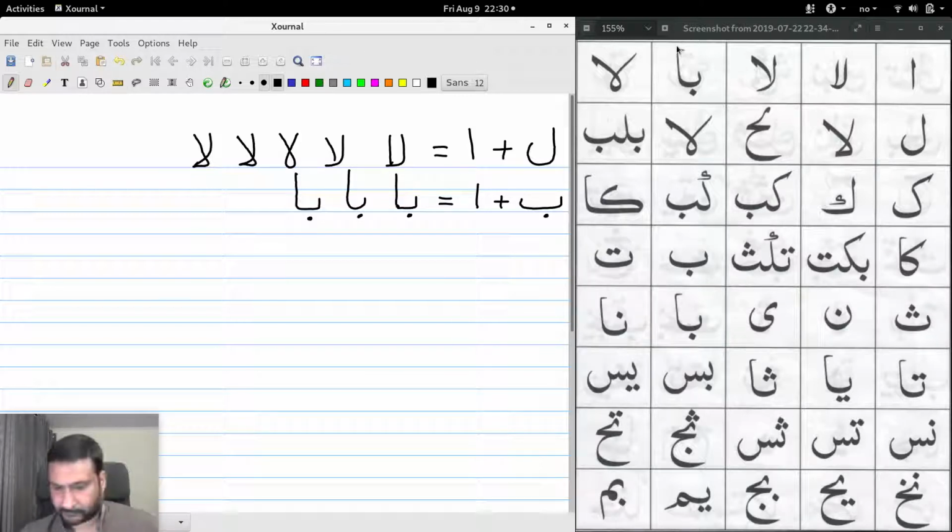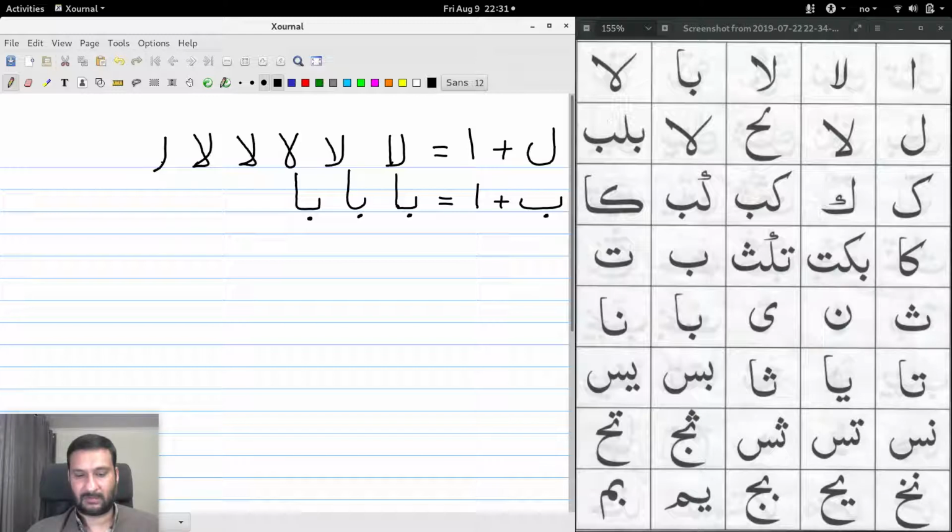Alright, then we come to this Lam Alif, which I have already covered. It is here, Lam Alif. And then comes this Lam, which is just a standalone Lam, so that needs no explanation. This is Lam Alif, which I've shown here. This is how it's written.